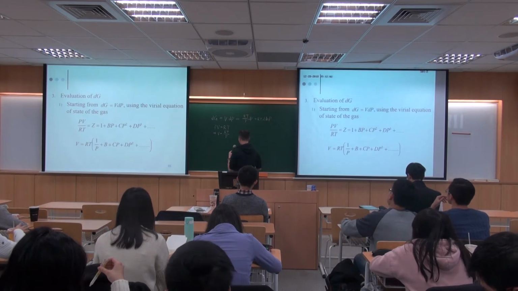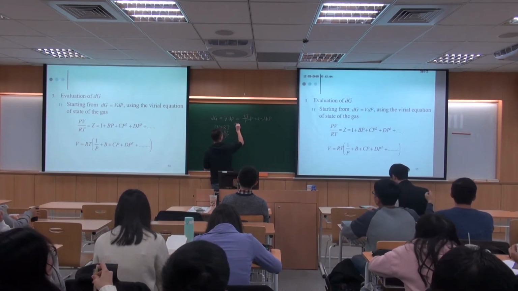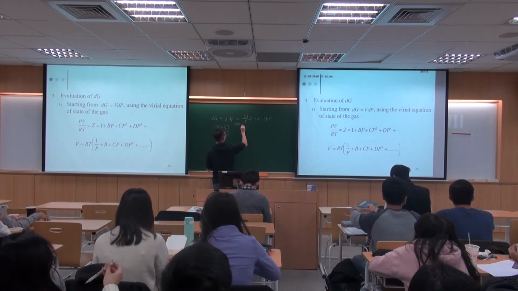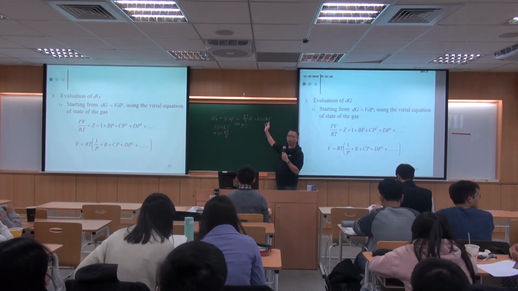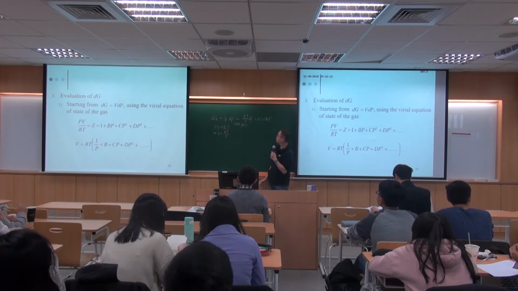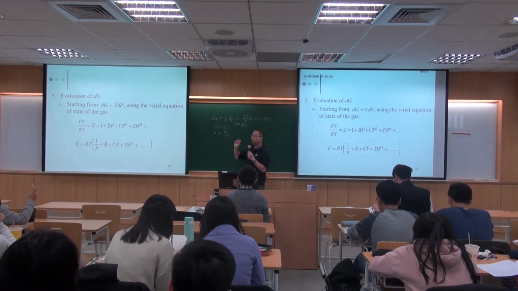Therefore, for ideal gas, we can directly use d log P to calculate the change of Gibbs free energy.